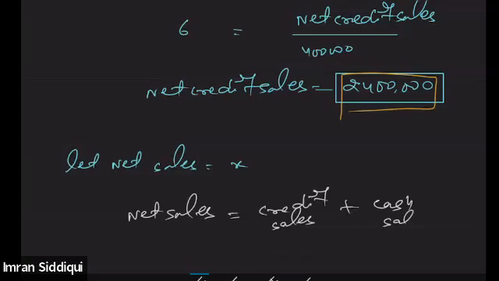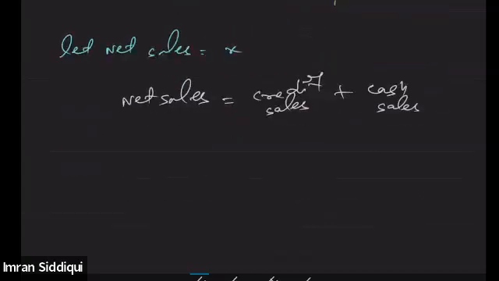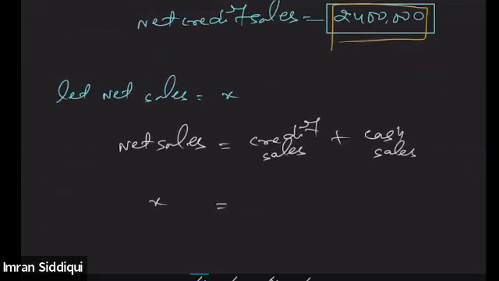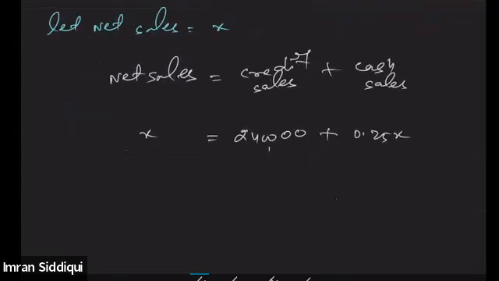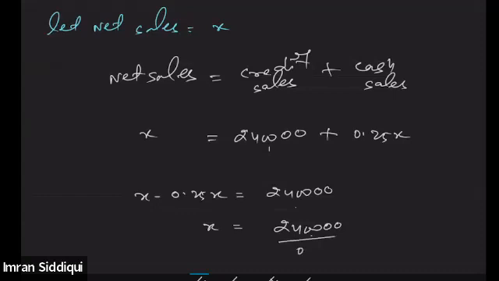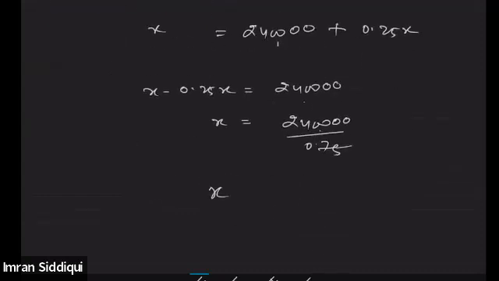Credit sales we have got as 2,40,000, and cash sales is 25% of the net sales, that is 0.25X. So X minus 0.25X equals 2,40,000. So X equals 2,40,000 divided by 0.75, and we will get the value of the net sales. This is 3,20,000.